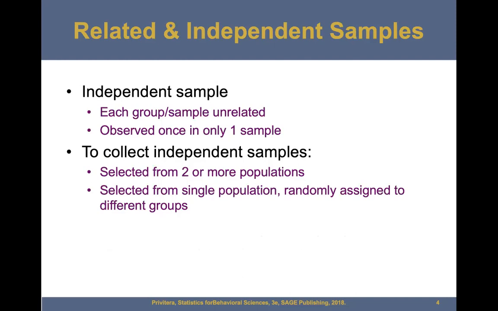So we're making sure that we get independent samples by using these principles. Makes sense, everybody? This is conceptually how we would go about it and what they are. If they were related, it would be a problem. It would not be an independent sample.